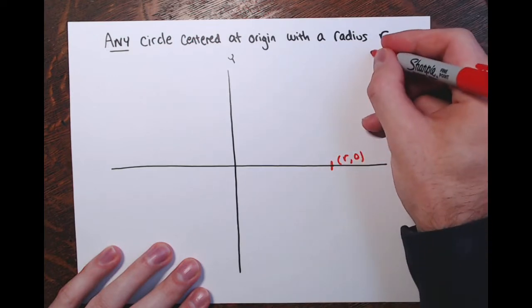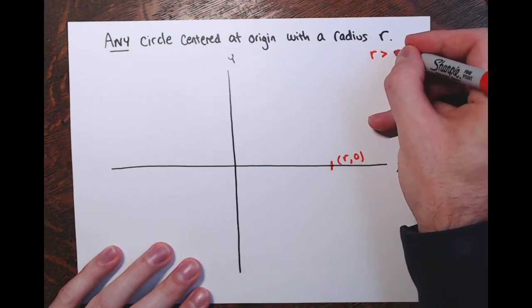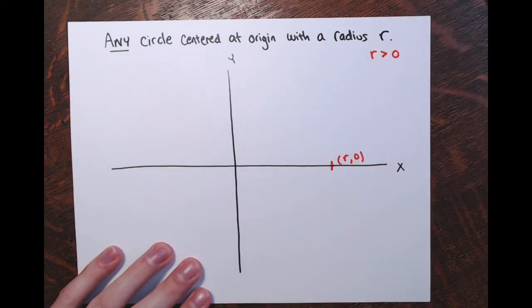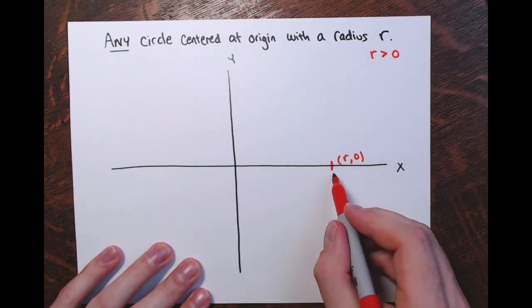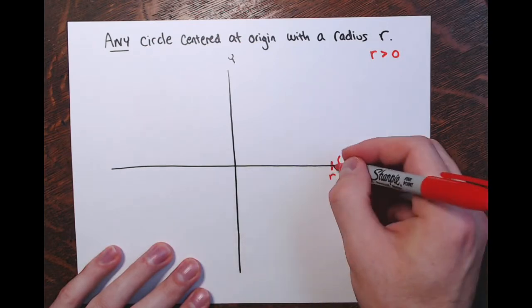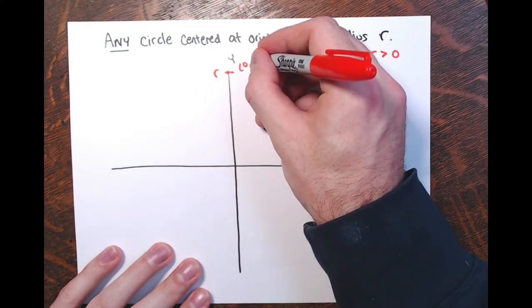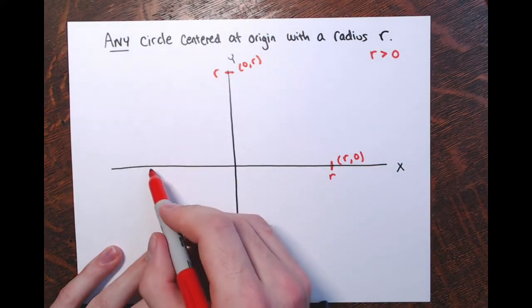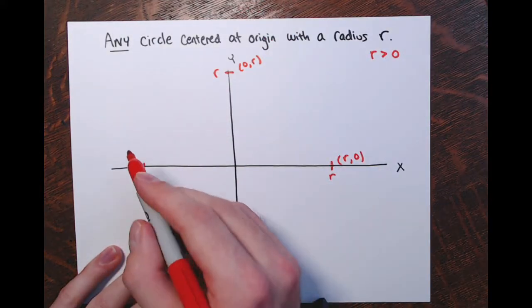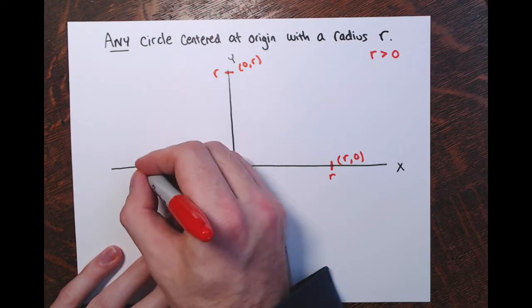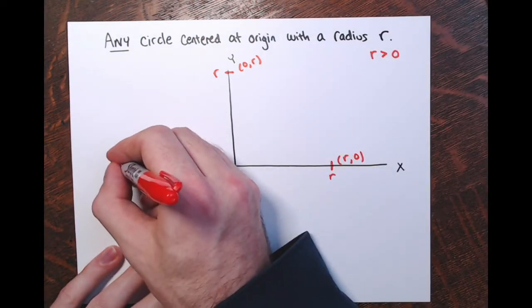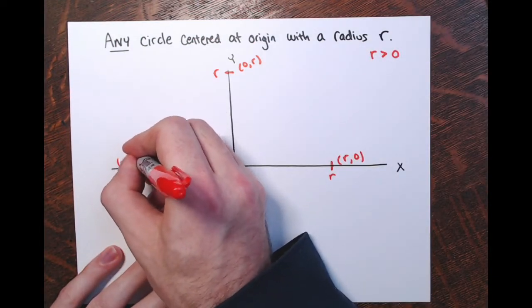And r, the radius, is a positive quantity. r is always positive here, okay? So here's r, 0, and then this would be 0 comma r up here, and then over here, the same distance from the origin, this is negative r comma 0, sorry.